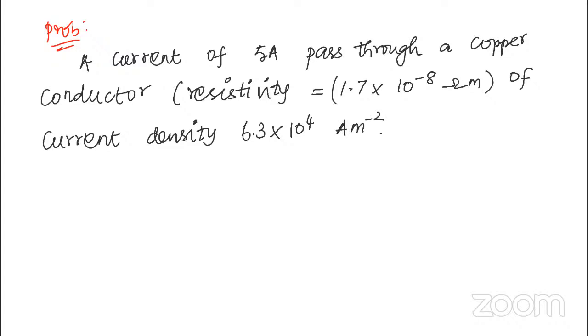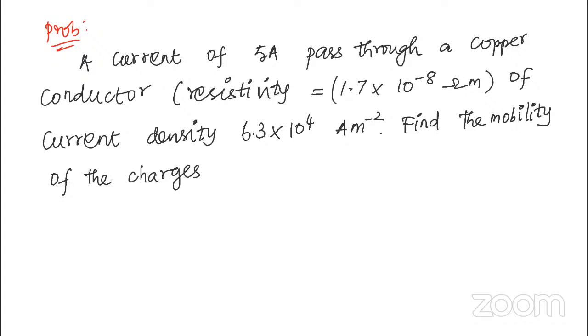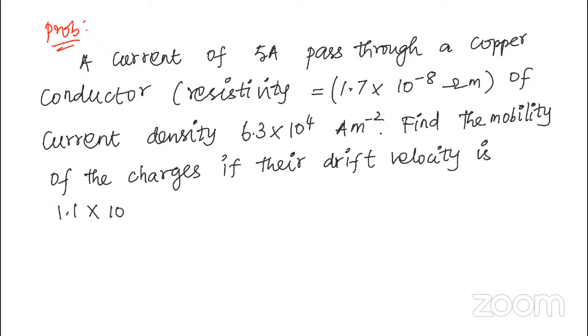Okay. Then find the mobility of the charges if their drift velocity is 1.1 into 10 power of minus 3 meter second power minus 1.